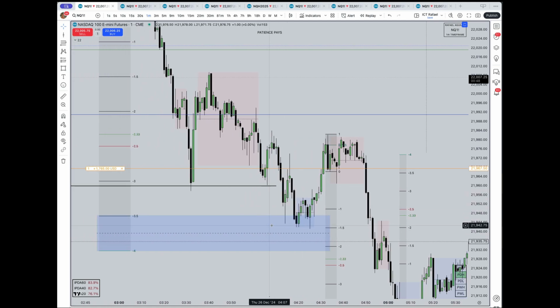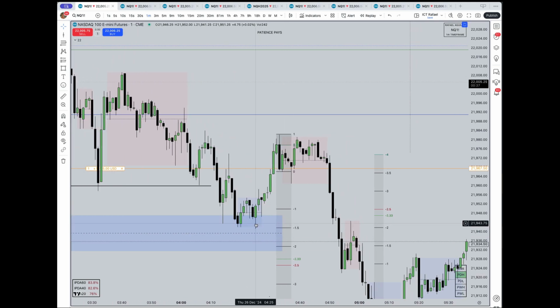I would enter something around here, because when I see the price rejected 2 times here, I'll try to enter my trade around here.